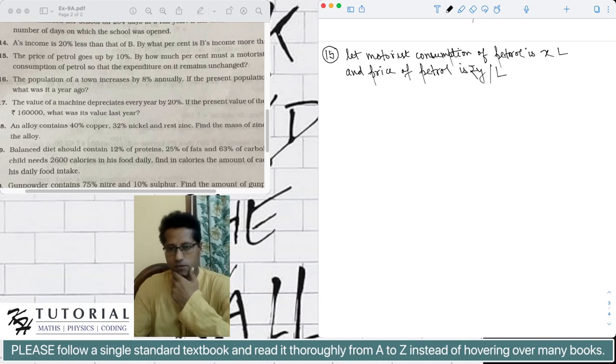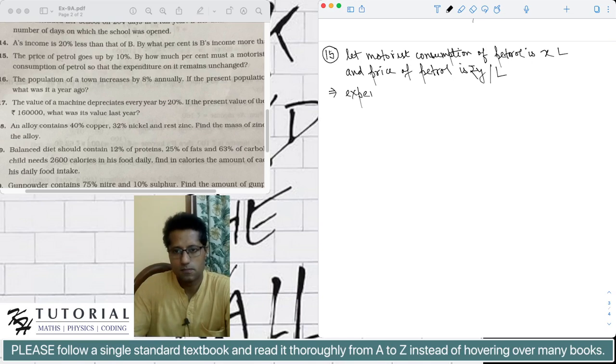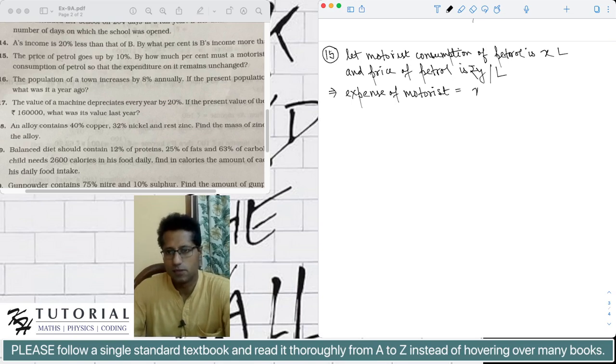First, that the motorist consumes X liter of petrol, and that the price of the petrol is rupees Y per liter. Okay. Now, so this implies expense of motorist will be equal to consumption multiplied by the price of the petrol, that is X multiplied by Y.